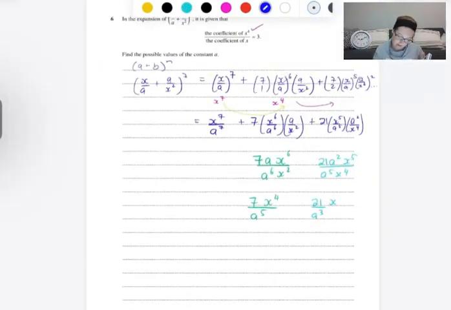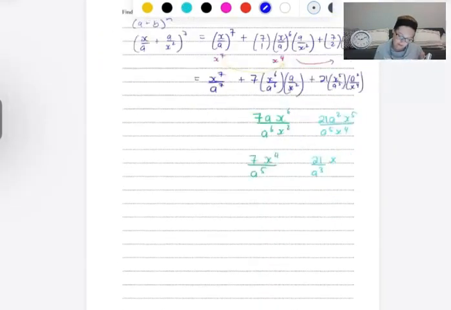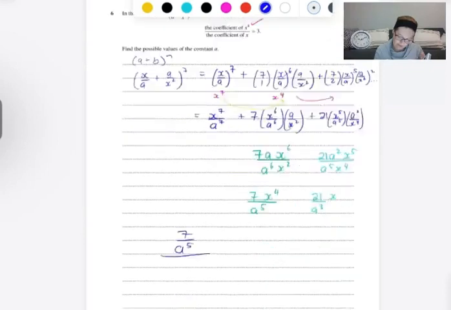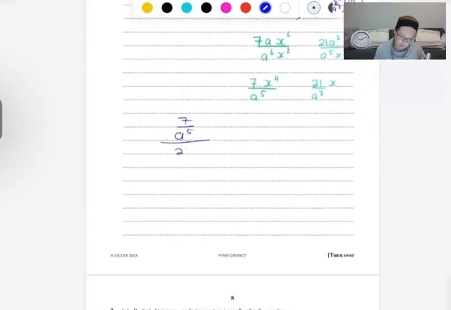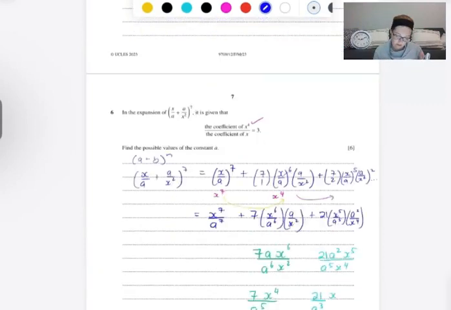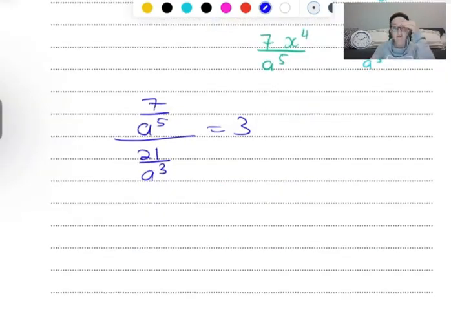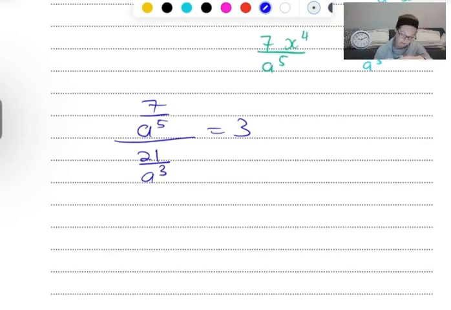Right, so if I look at what I am doing, I need my coefficient of x to the power 4 divided by the coefficient of x. I don't want to include my x's because they just said the coefficients. That is equal to 3. So now I've got a fraction on top of a fraction equal to 3. There are different ways that I can solve this. The first thing I'm going to do is flip the bottom fraction.